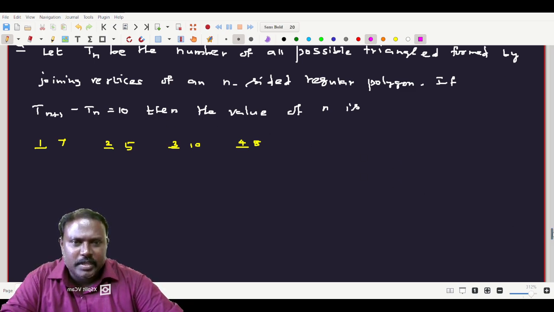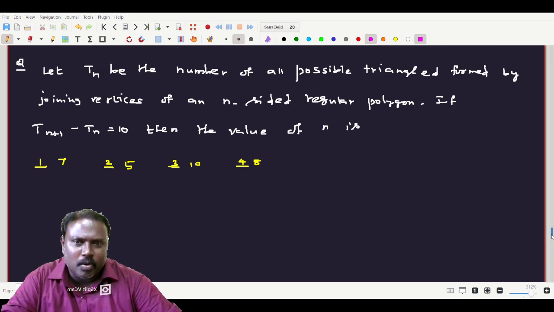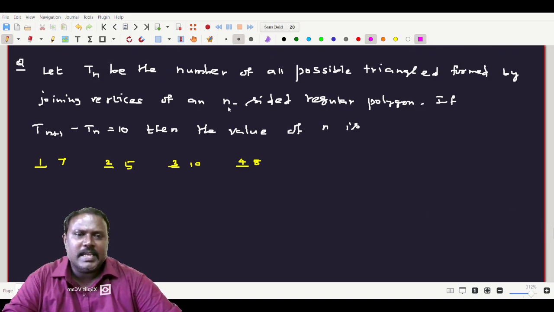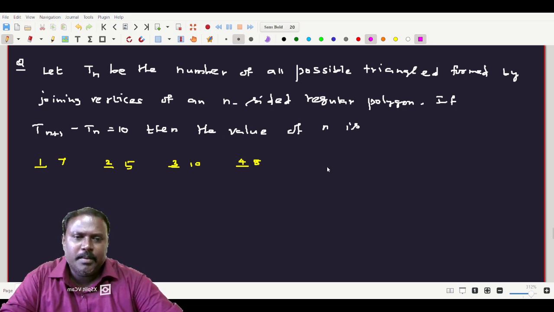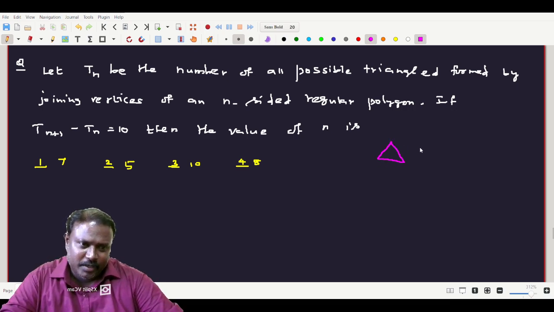Actually here you are having an n-sided regular polygon. Suppose you just consider this equilateral triangle. All the sides are equal here. This is a three-sided regular polygon. Then you consider the square.